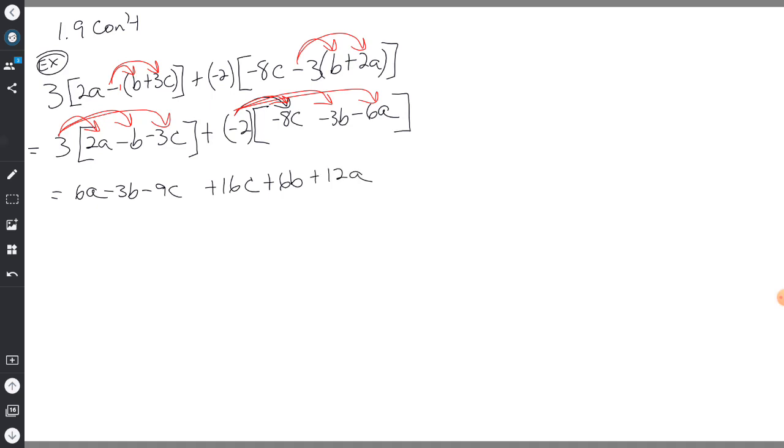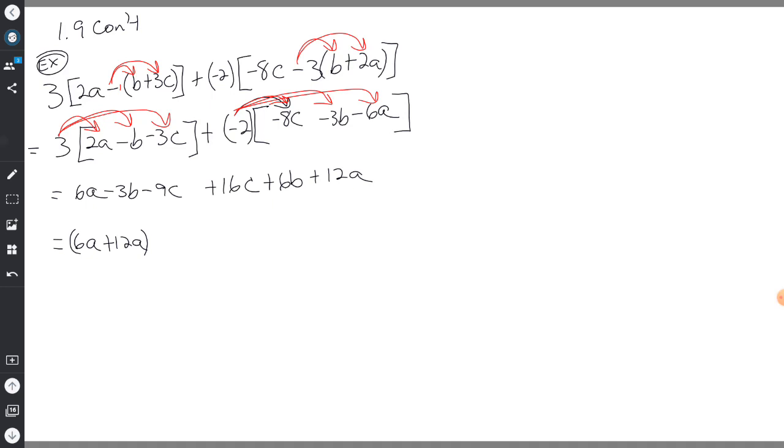All right, good. So we've eliminated all of the parentheses. What do you think we do now? Right, combine like terms. We have 6a, and we look for another a in here. So plus 12a. So let's just put them together like this.